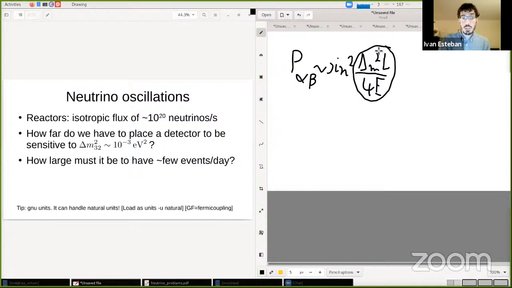And so if we want this to be order 1, we have to put this in more reasonable units, and Pilar already did the work for us in the theory lectures.